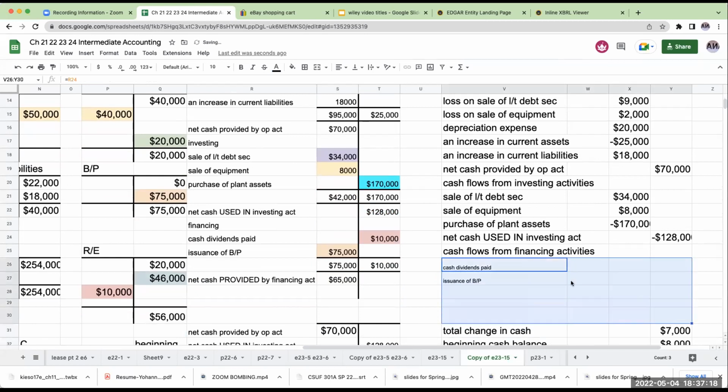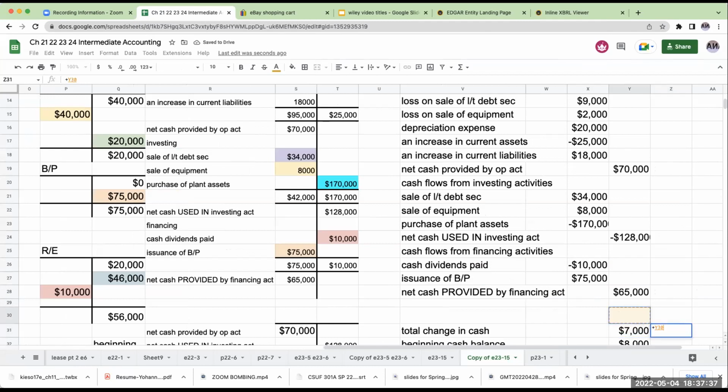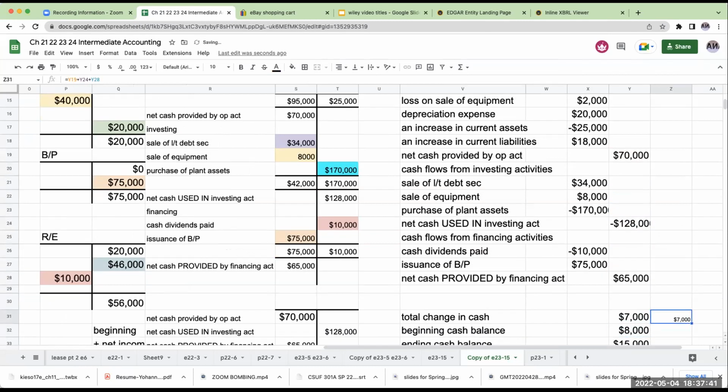Let's bring these over. My cash dividends paid is going to show as a negative amount because it has a credit balance. My issuance of bonds payable is going to show as a positive amount. So my net cash provided by financing activities is going to be a total of 65. When I add up these three amounts, 70 minus 128, plus the 65, I get 7,000.